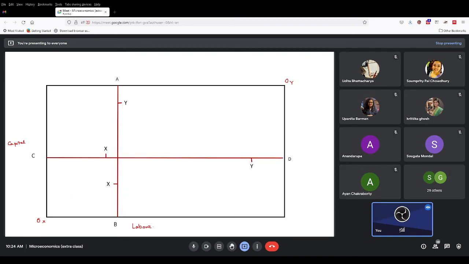Now similarly for this point, this is unused labor. Now suppose this is the allocation of labor for Y, and this is the allocation for capital. In this case, it's very easy to see that you have unutilized amounts of both labor and capital.